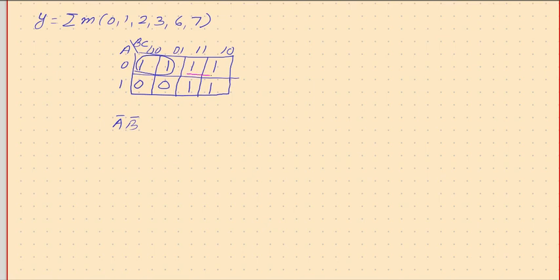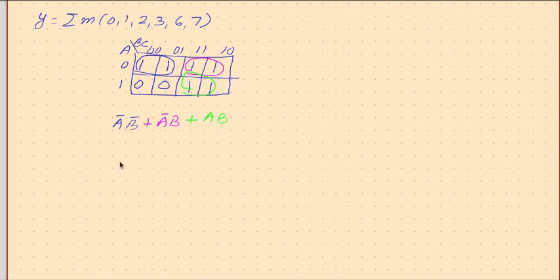Then I can take this pair. Then b is common, a bar is common. So we get a bar b. And then let's have this one. So here b is common, a is common, so it is ab.